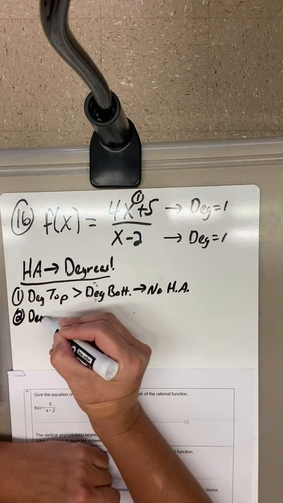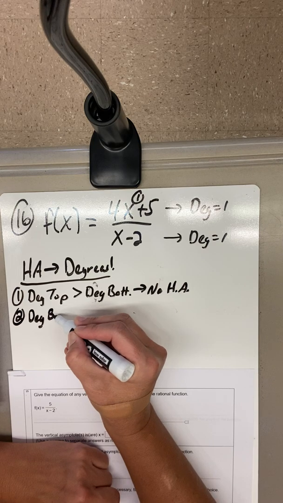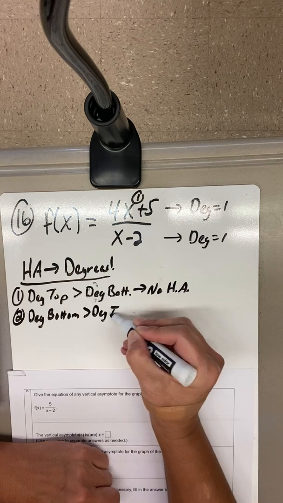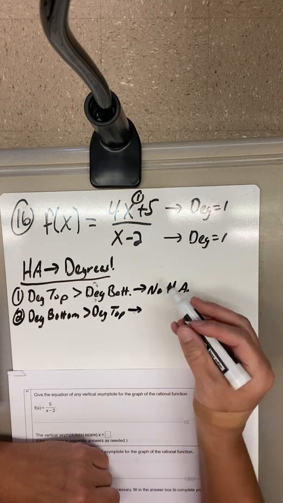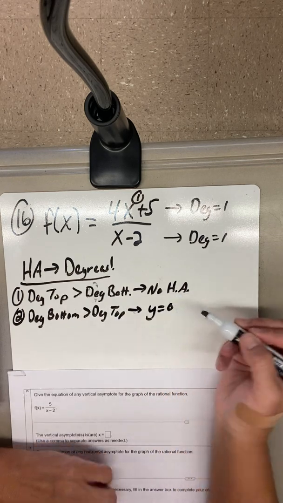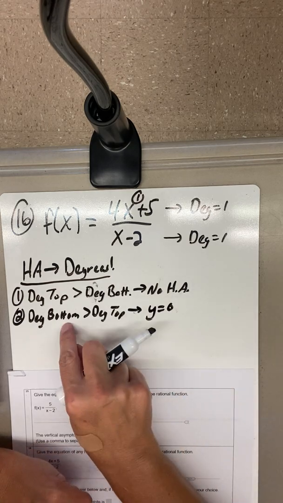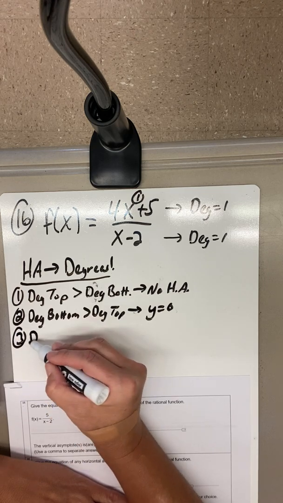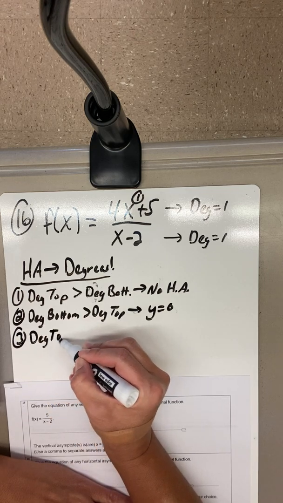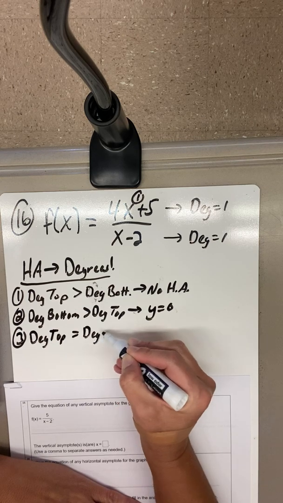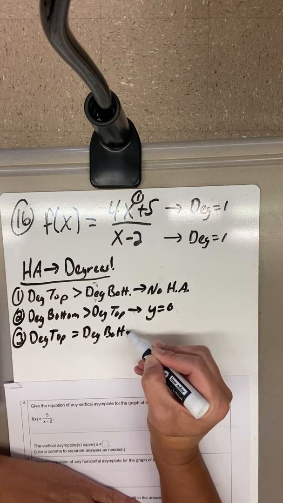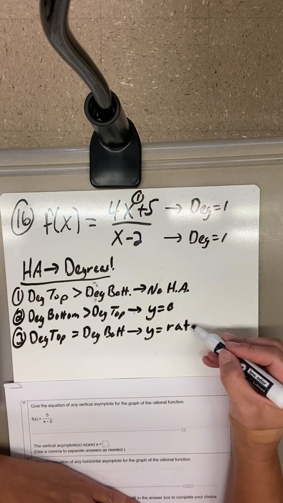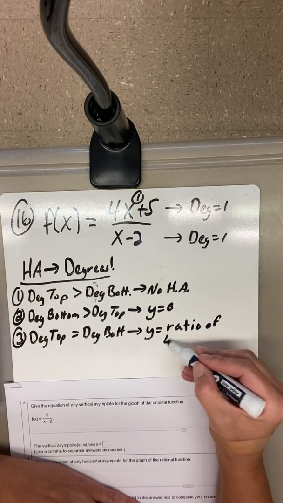If the degree of the bottom is greater than the degree of the top, it's y equals 0. If the bottom is bigger than the top, it's always y equals 0. And 3, if the degree of the top is equal to the bottom, it's going to be y equals the ratio of the leading coefficients.